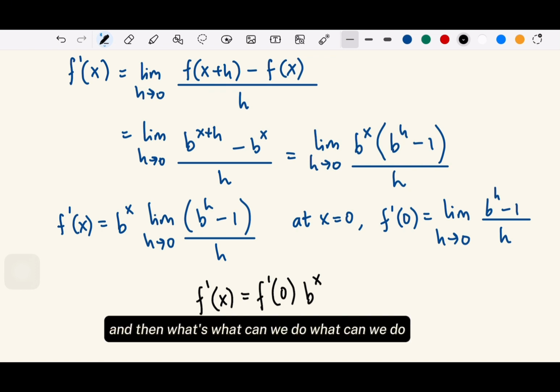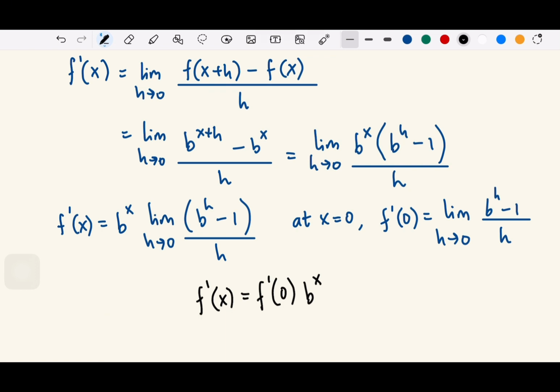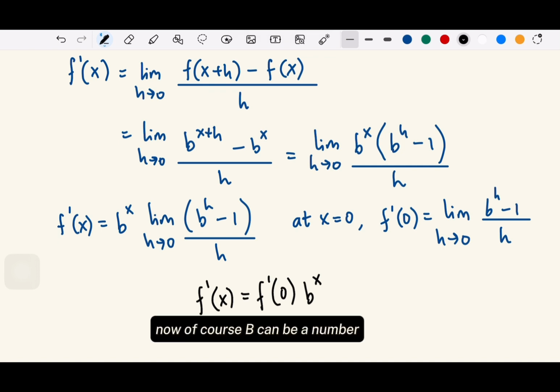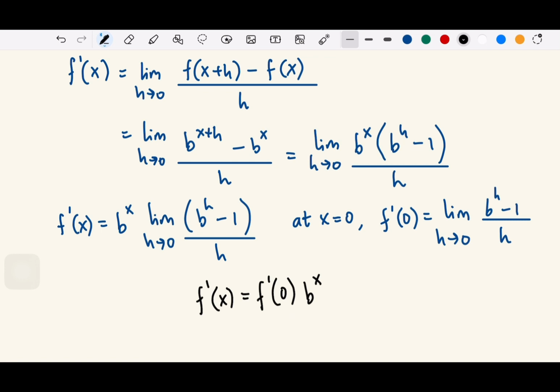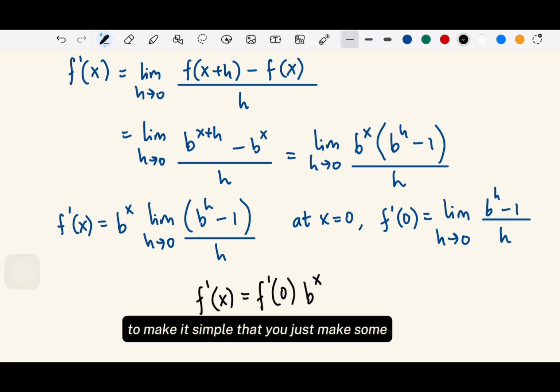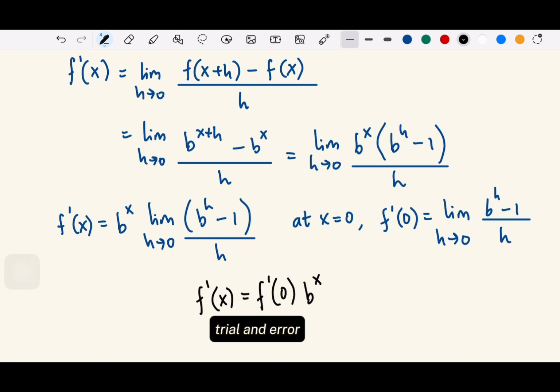And then what can we do? Now of course, b can be any number. To make it simple, let's just make some trial and error.